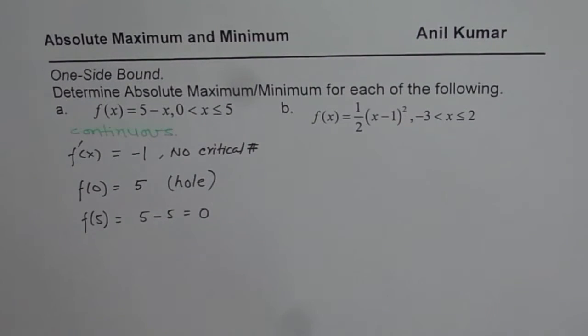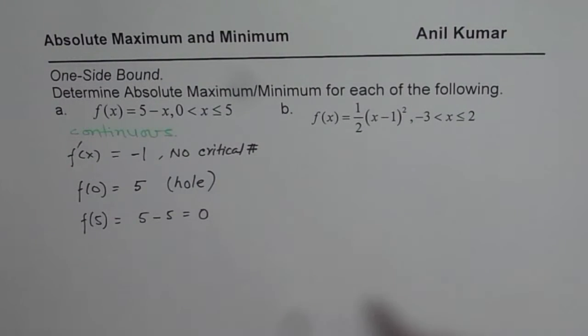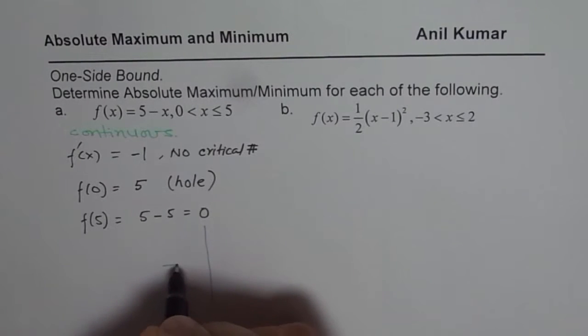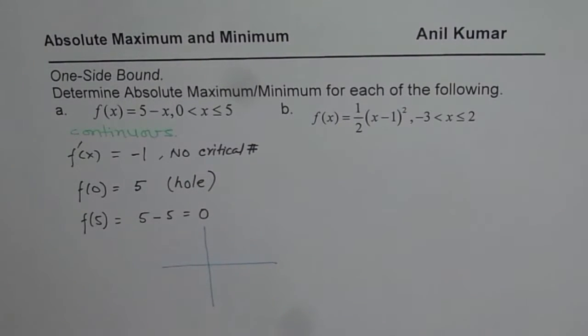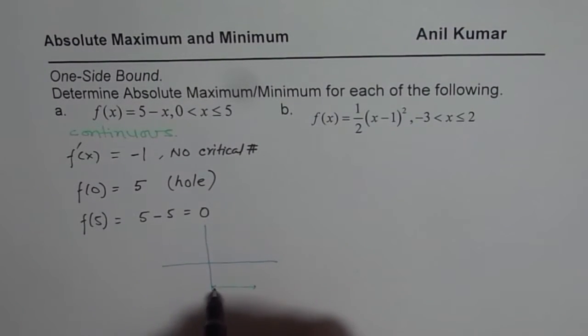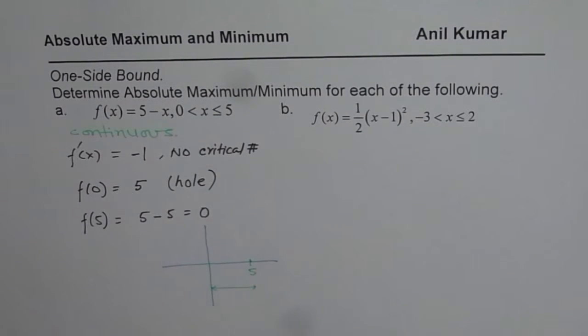Now with these points we clearly know that we have one extreme value only, not both. Let me sketch it also to show you. So we are working in the domain 0 to 5. That means from here to, let us say this is 5 for us. Now let's sketch the graph of this function.